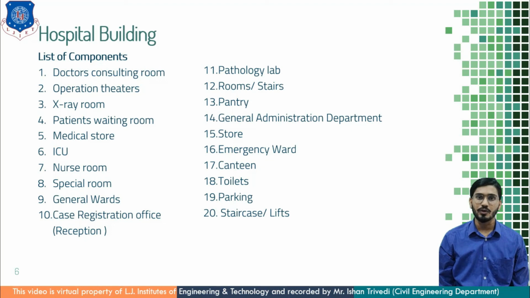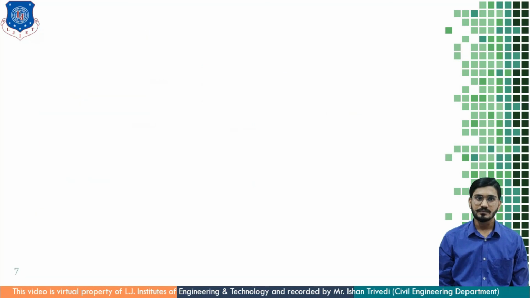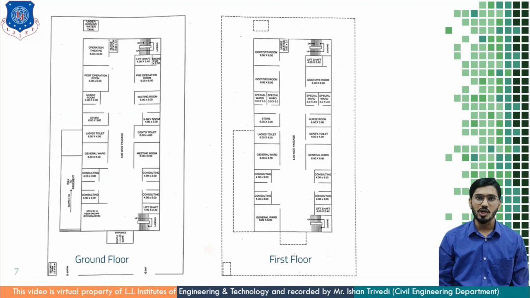So these are the components that you have to note down or cover while drawing the layout of a hospital building. If it is a PHC, primary health center, then you can reduce these components based on just providing first aid facilities.